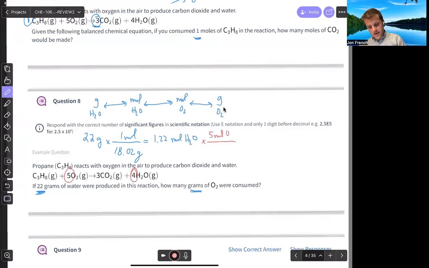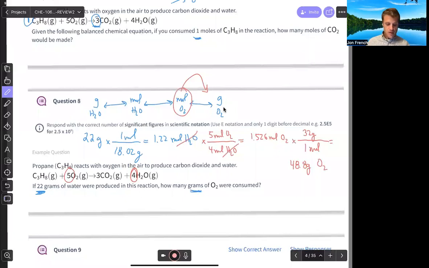So 5 moles of oxygen on top, 4 moles of water on the bottom. Water cancels out, and 5 over 4, I get 1.52 moles of oxygen. The last step, to go from moles of oxygen to grams of oxygen, we need the molar mass. So 1 mole of oxygen is 32 grams per mole. Multiply by 32, and I get approximately 48.8 grams of oxygen.